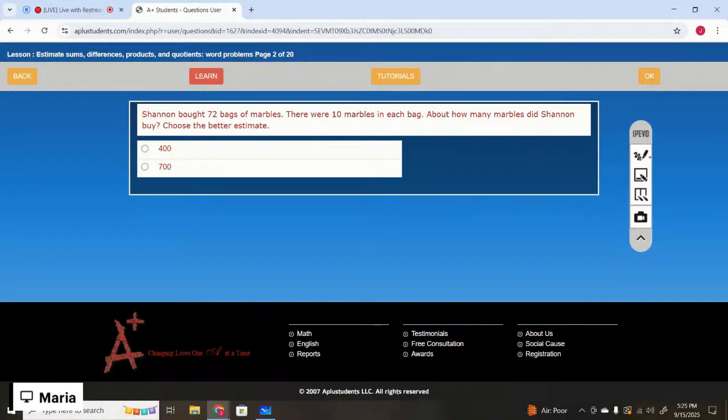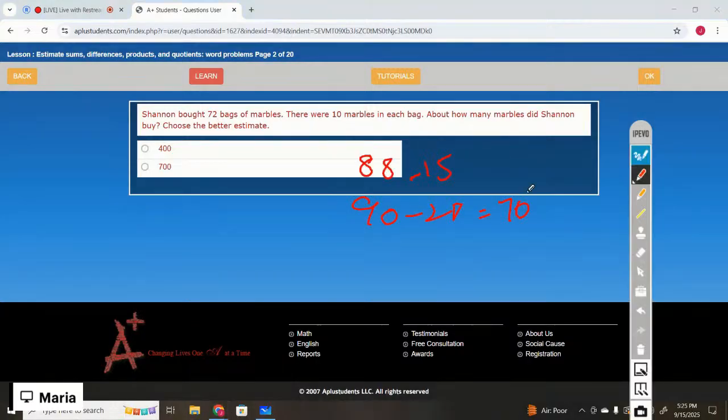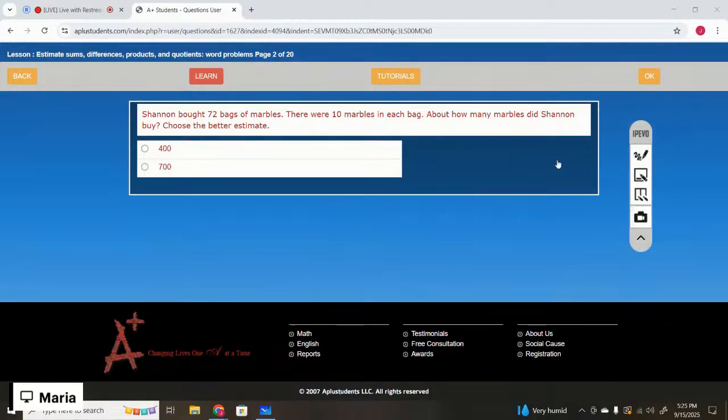You need to estimate first. 72 times 10 is 70 times 10, that is 700. Option number 2 is the correct option.